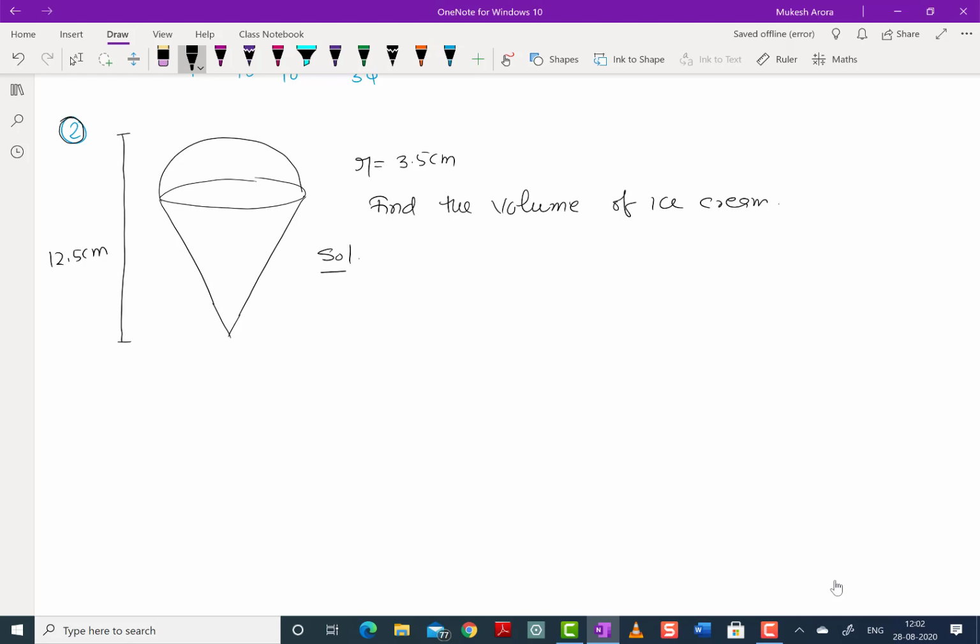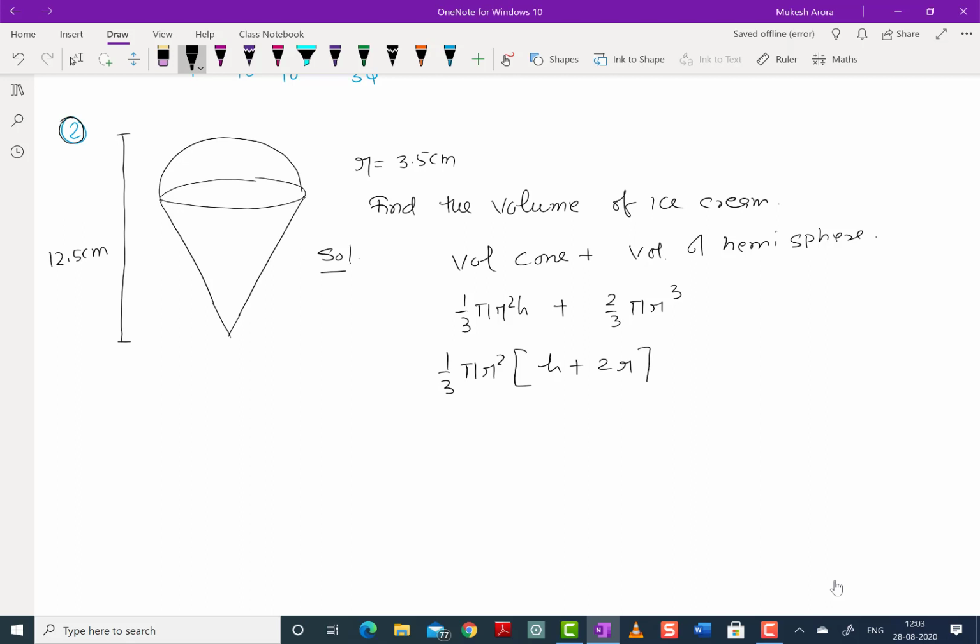Volume of ice cream will be volume of cone plus volume of hemisphere. Volume of cone 1/3 pi r square h plus 2 by 3 pi r cube. 1/3 pi r square is common. Left is h plus 2r. 1/3 into 22 by 7. Radius is 35 by 10 into 35 by 10.